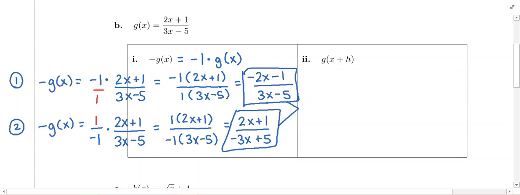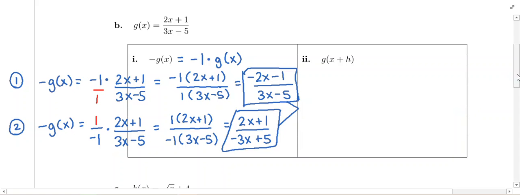If you got your graphing calculator out and you graphed -2x minus 1 all over 3x minus 5, and then you also graphed out 2x plus 1 all over -3x plus 5, you would get the same graph. They are the same result, they just look different.